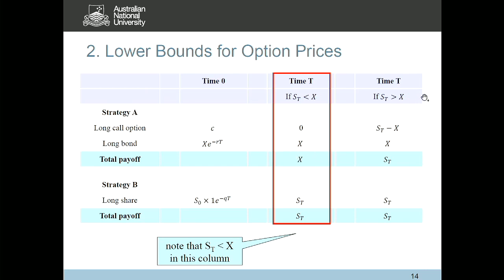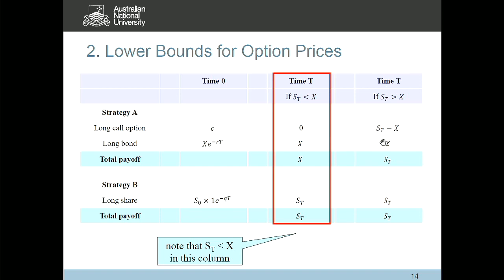Now, the alternative situation is where the share price finishes higher than the strike price. If ST is larger than the strike, then our call option is in the money, and we simply exercise the call option, making a payoff of ST minus X. And the zero coupon bonds would always pay us X irrespective of the share price.